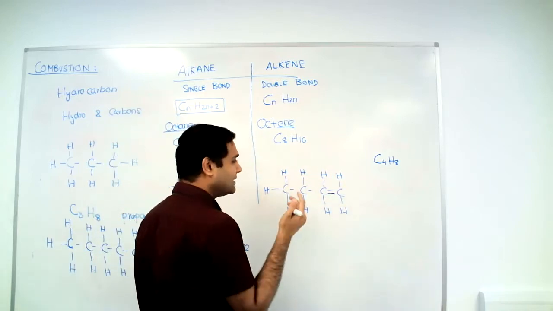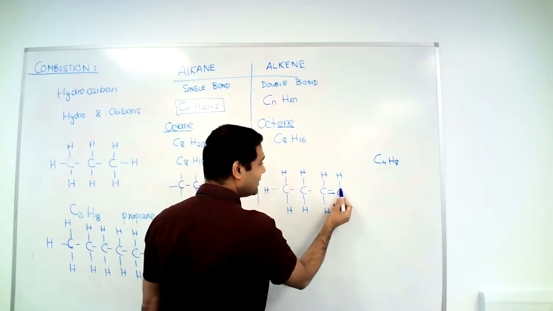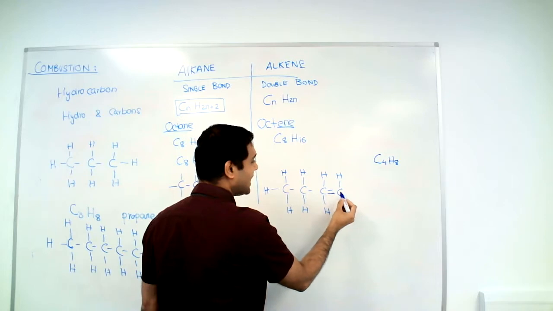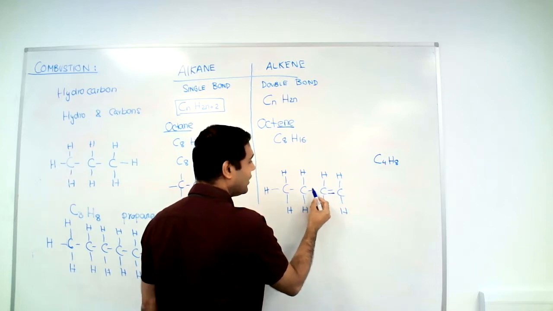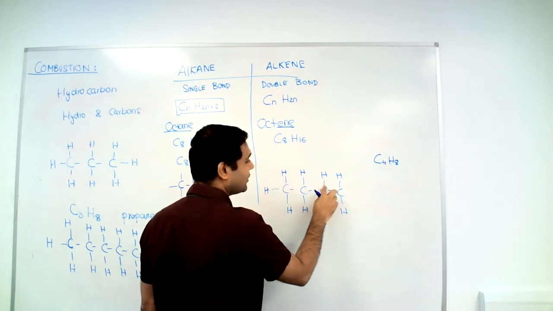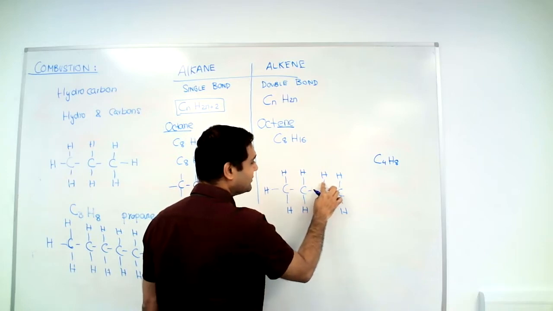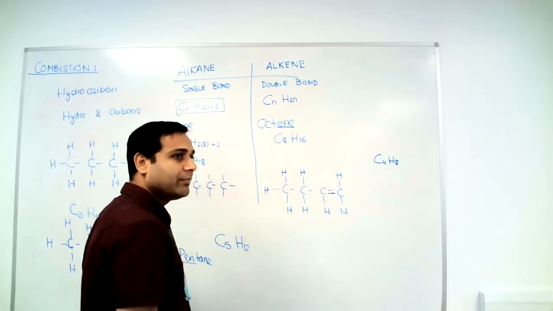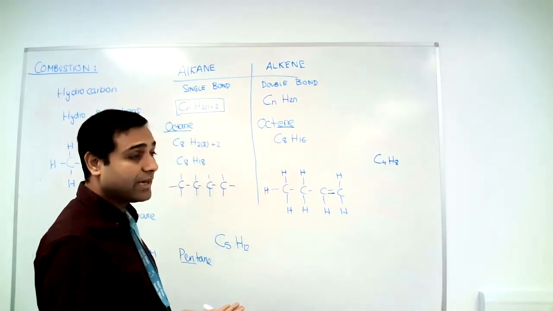Carbon can have 4 bonds. Let's look at this carbon: 1, 2, 3, 4, so this carbon is fine. Let's look at this carbon: 1, 2, 3, 4, 5. So I need to get rid of 1, and I'm just going to get rid of this one. Now this carbon has 4 as well. So now I have C4H8.